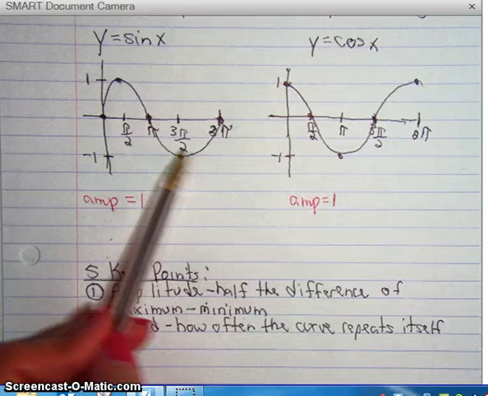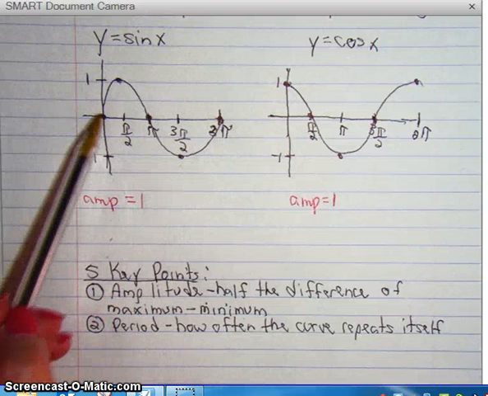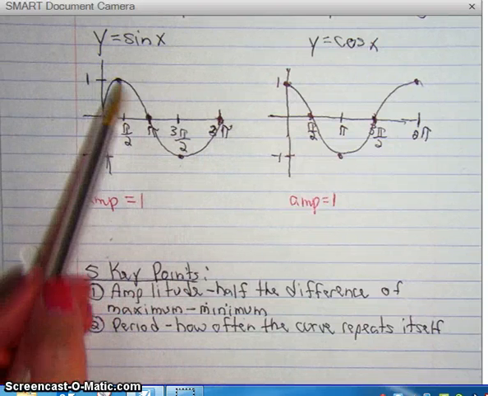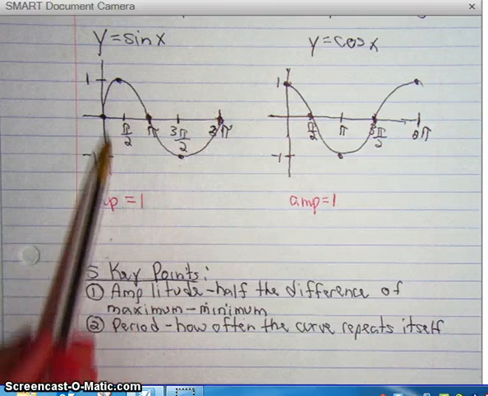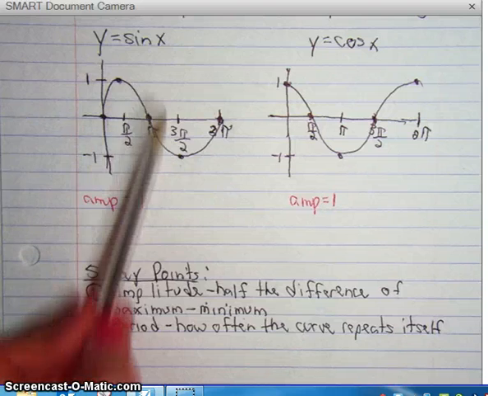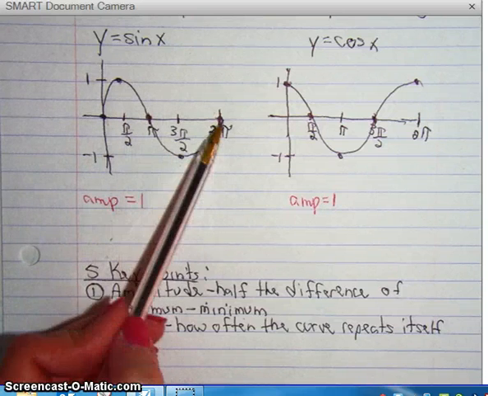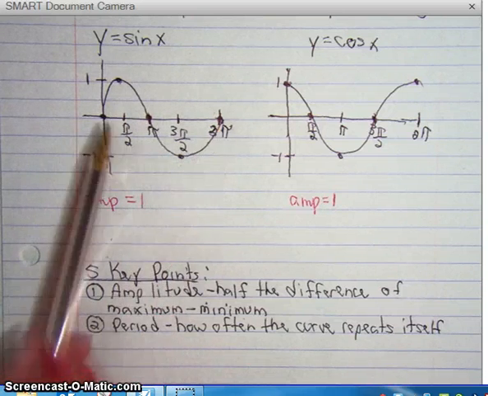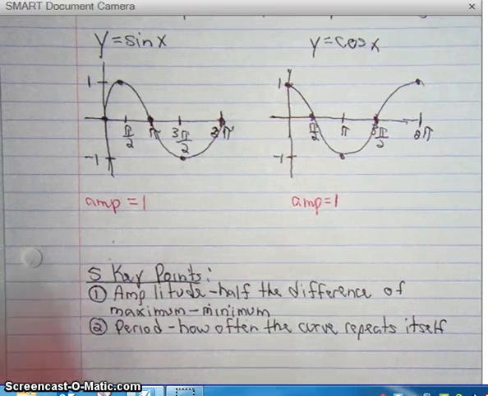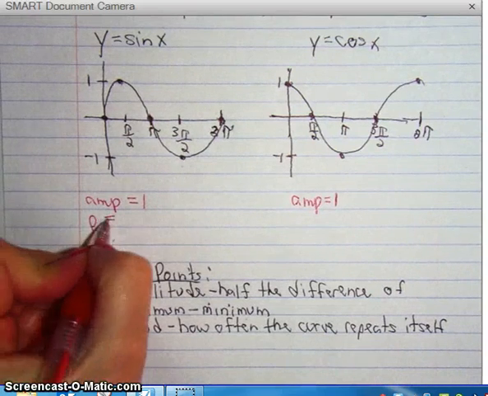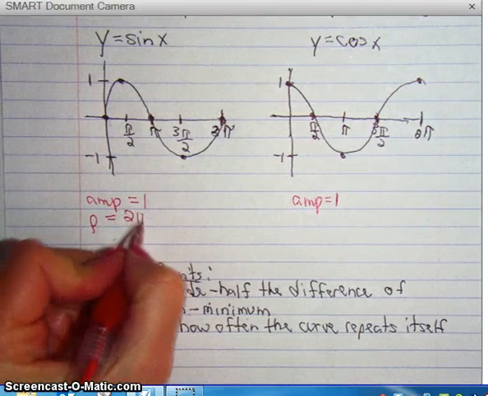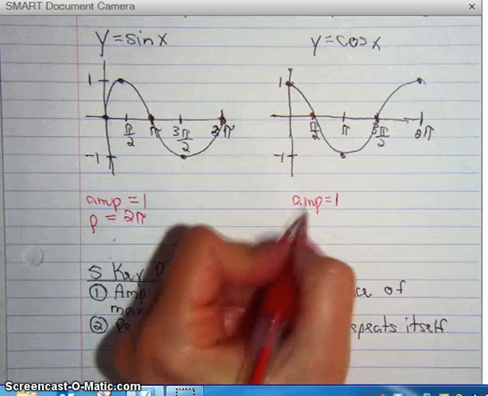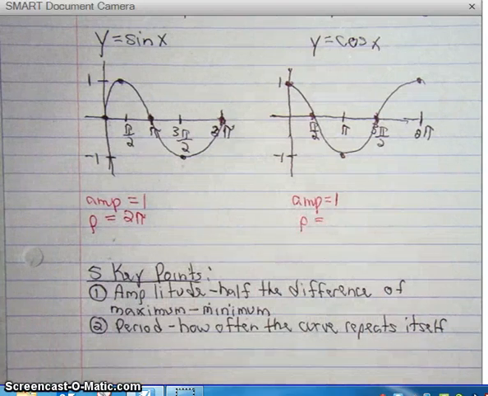How often do you think the sine curve will repeat x-intercept, hill, x-intercept, valley, x-intercept? So on the x-axis, how often will it repeat itself? Every 2 pi, yeah. So p equals, you can abbreviate period as p, 2 pi. What about period for cosine? 2 pi.